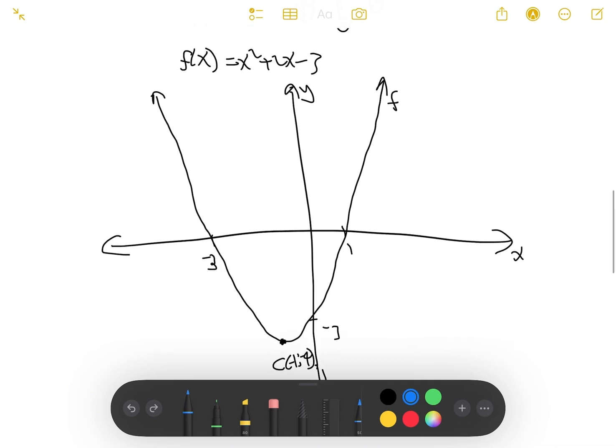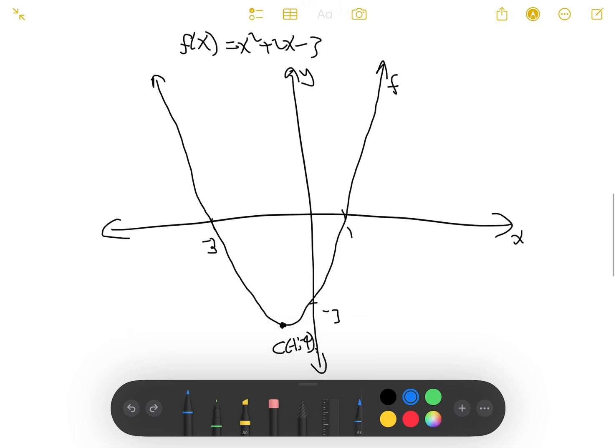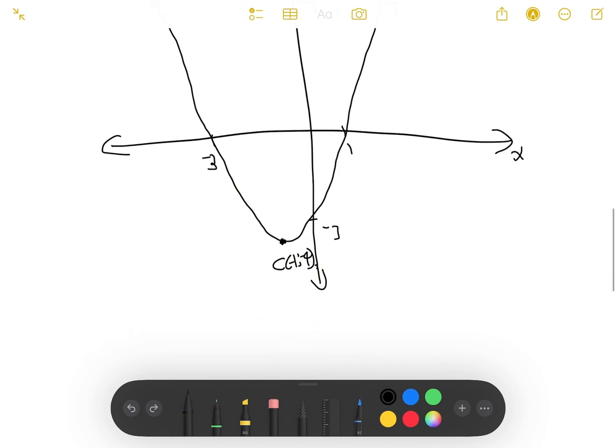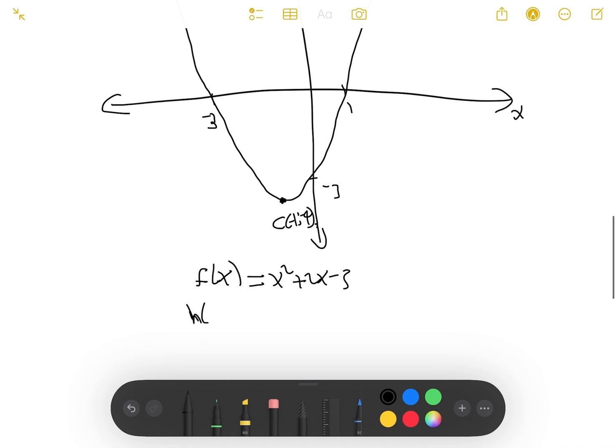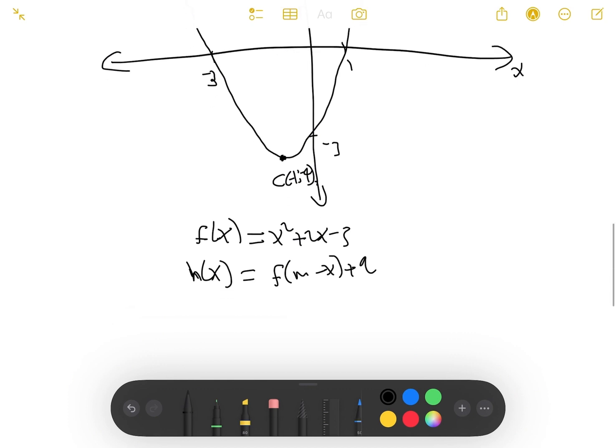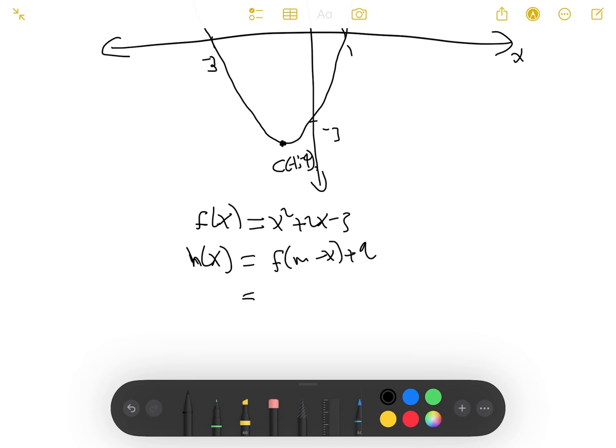Let's move forward. We are given f of x equals x squared plus 2x minus 3. The graph of h of x, which we are given as f of m minus x plus q, in the simplest way, where we are used to f of x and so on, is basically f of minus x minus m, plus q.